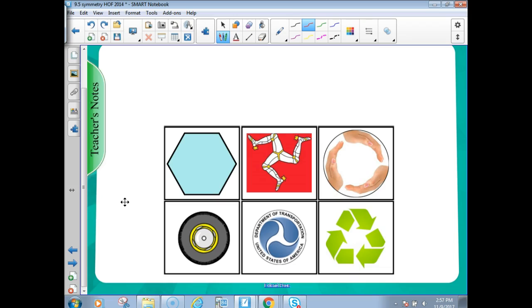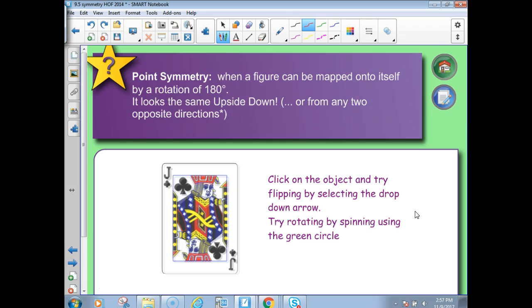Why do you think they have symmetry? We like it. We like seeing symmetry in things, whether it be rotational, spinning symmetry, or other types. A lot of designs have different types of symmetry in them. If you're in art class, you probably know a lot about the ideas of symmetry.